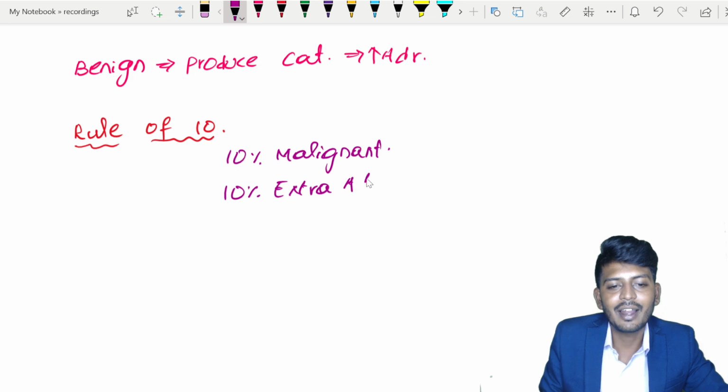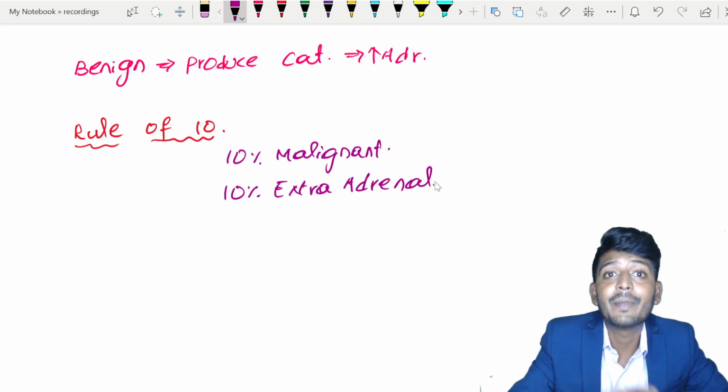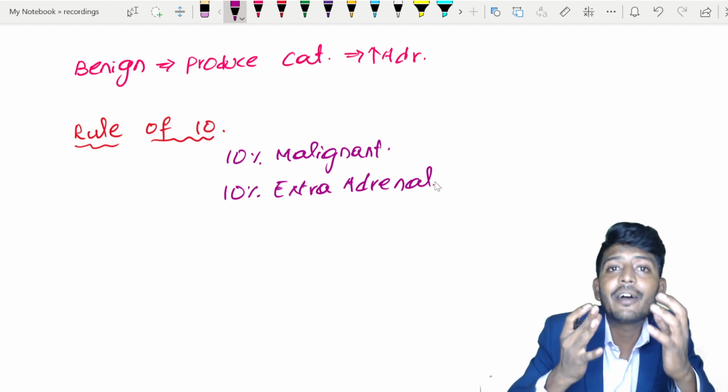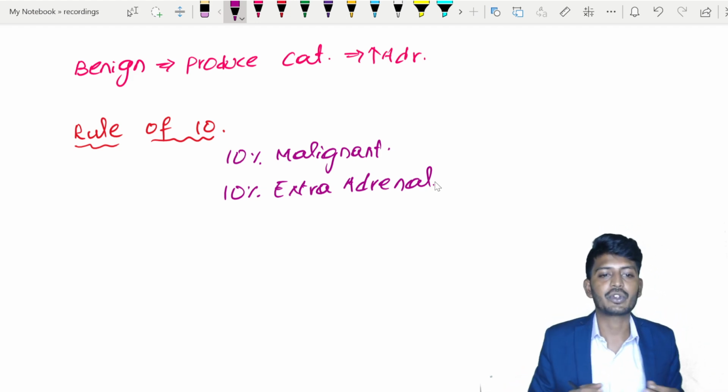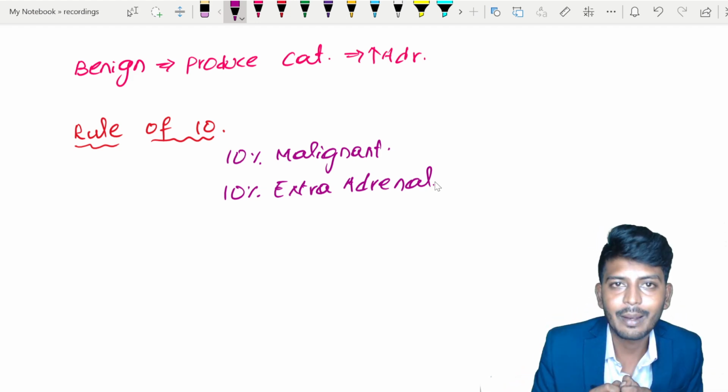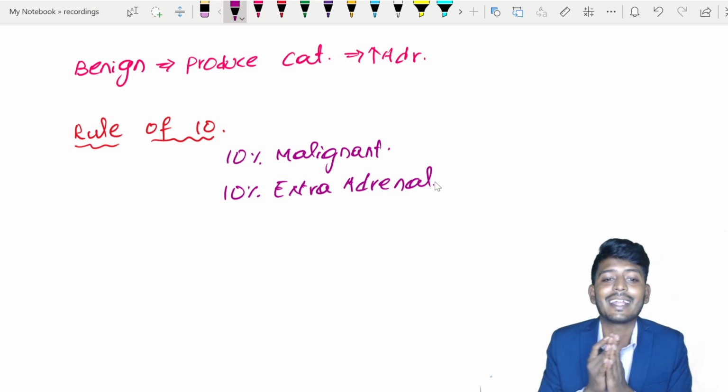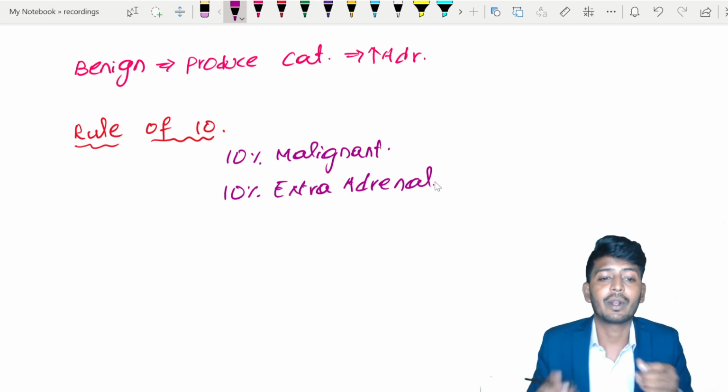What do I mean by extra-adrenal? It means they are located outside of the adrenal gland. If they are extra-adrenal, where exactly is one of the most important locations?